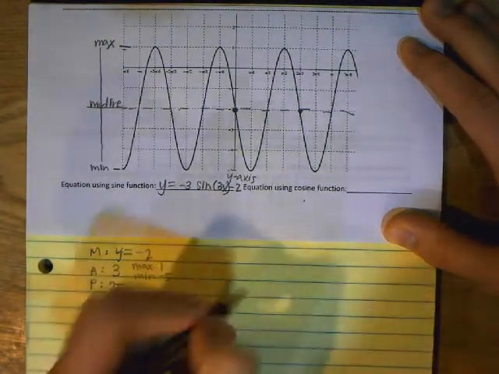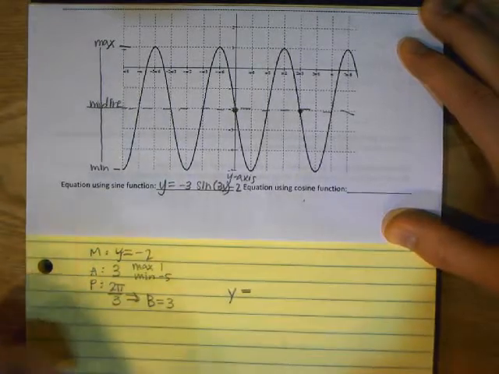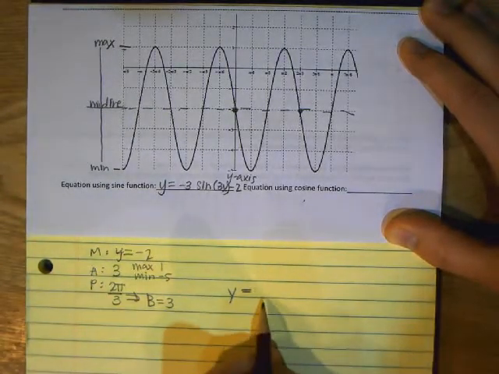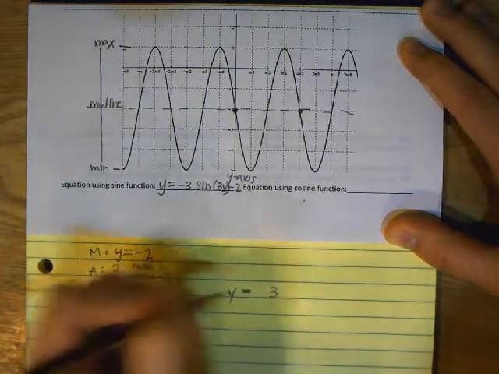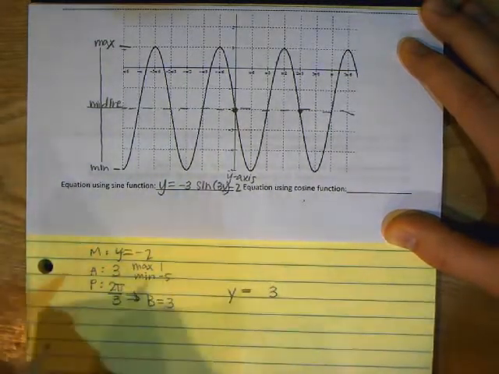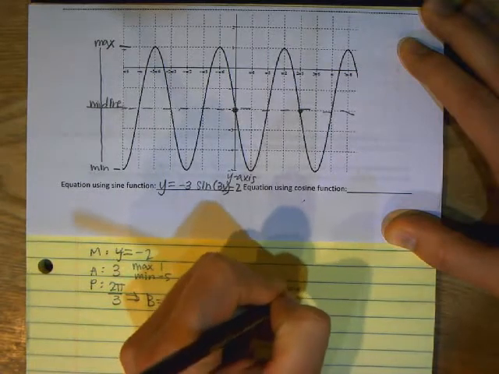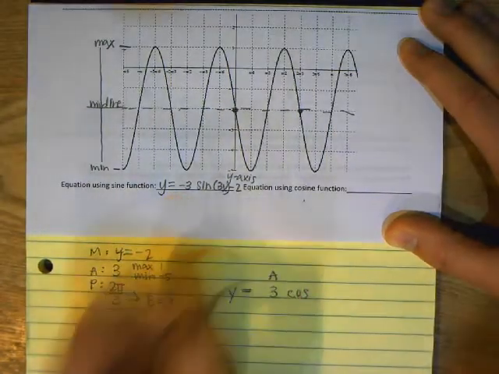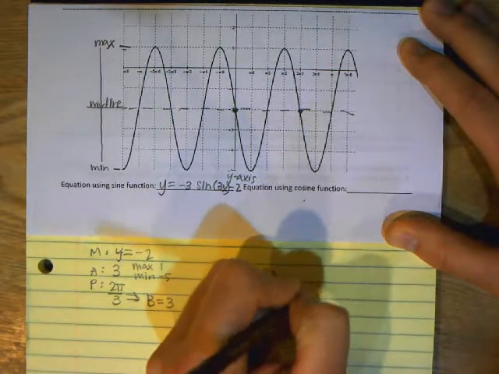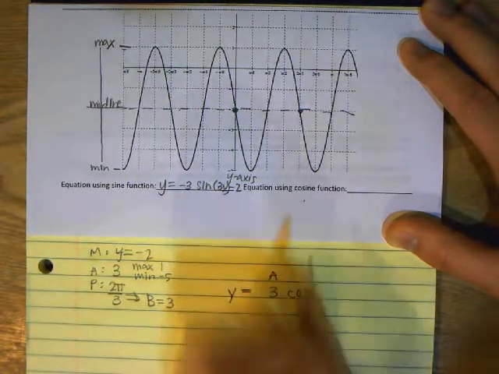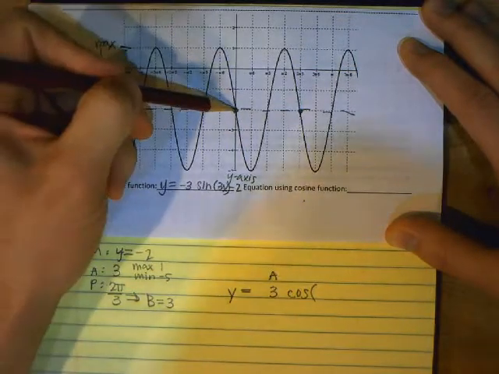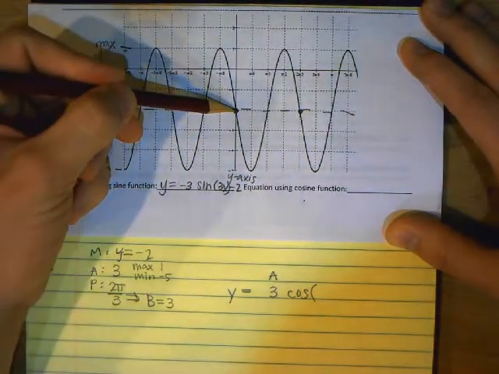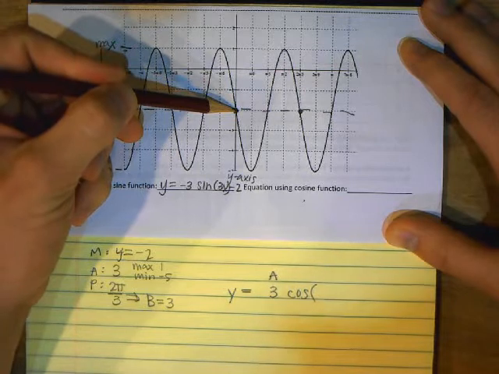So if we write in what I already know, I know it's going to be y equals, I haven't determined if it's positive or negative yet, but I know that it'll be 3 times the cosine, I know it's 3 because that's the a value, cosine of something. And then also, what I can tell is, if this is a cosine graph, where does cosine begin?